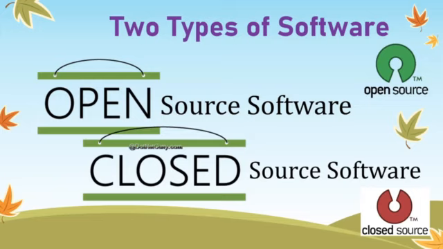These softwares are designed by the open source community on a no profit no loss basis. The second one is closed source, which is exactly opposite to open source softwares. They are also called proprietary softwares, which belong to some company, and they do charge for downloading and use of their software.